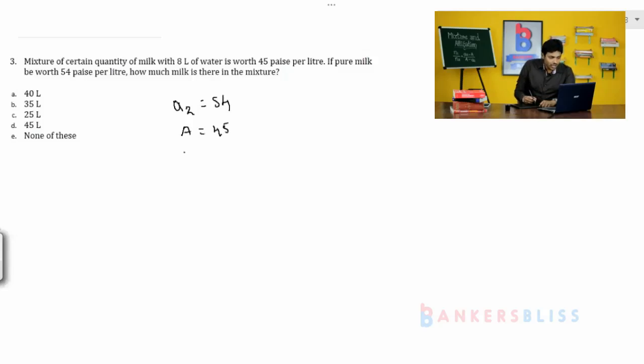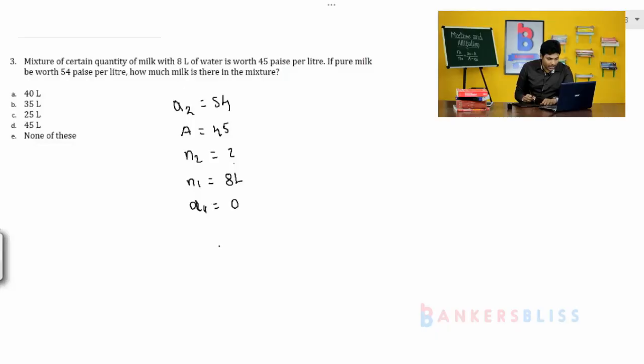Next, N2 is related to milk, which you have to calculate. N1 you know, that is 8 liters of water, but have they given A1 anywhere? See here, we have to consider the water price as 0, because we won't consider the price of water for mixing. So A1 is 0.